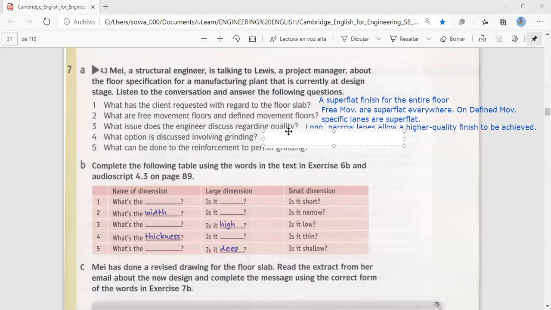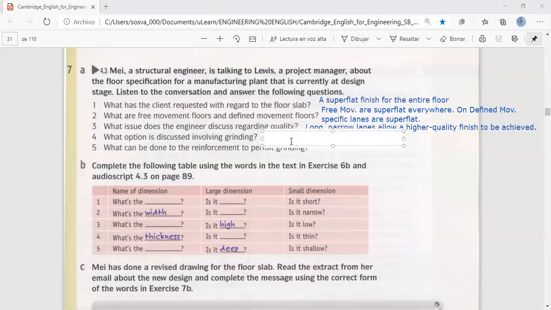Number 4. What option is discussed involving grinding? Okay. In this case, I think she talks about parts of the floor, no? Parts of the floor, when they talk about changes in the future. Yes, but she mentioned the stage.